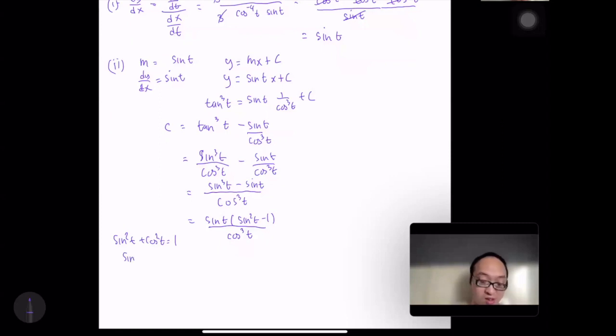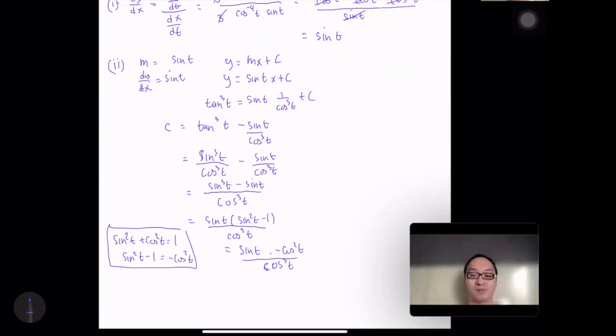So sine square t minus 1 equals negative cos square t. So we can replace it here: sine t times negative cos square t over cos cube t.